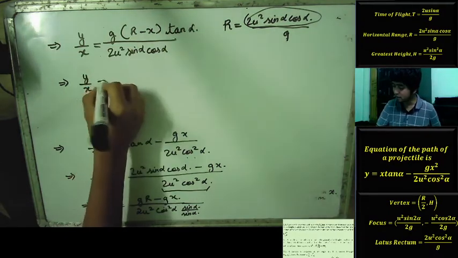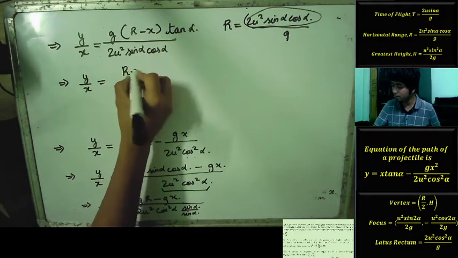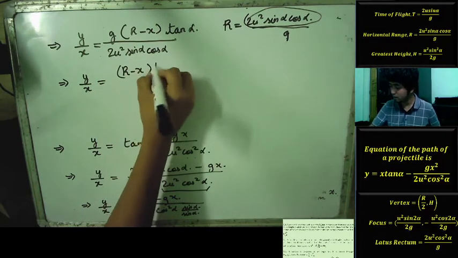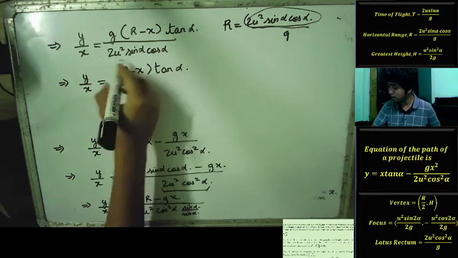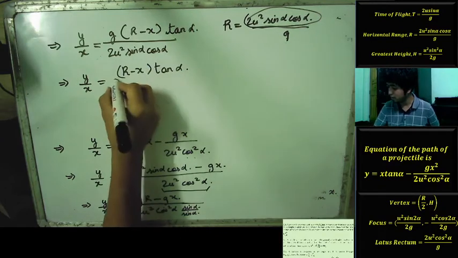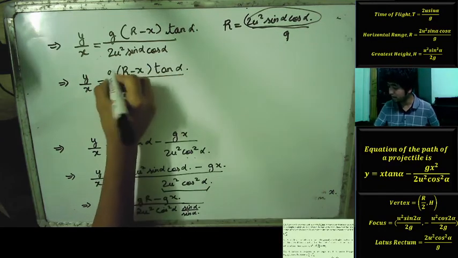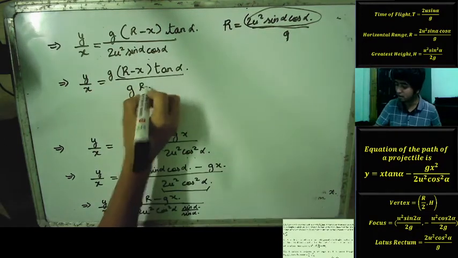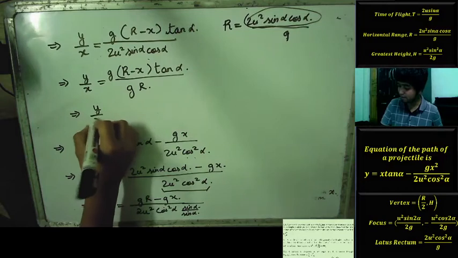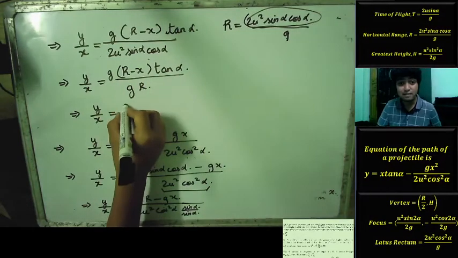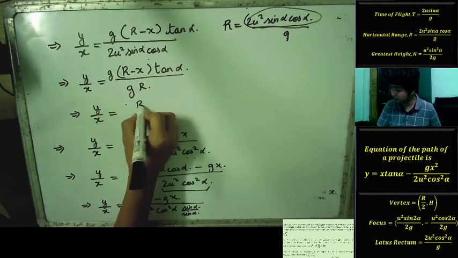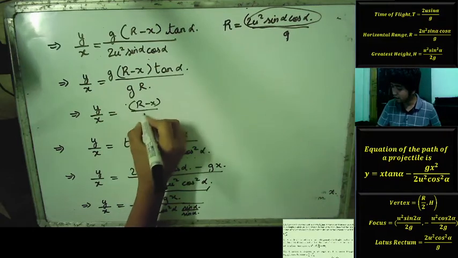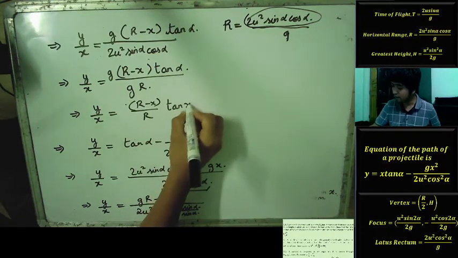Again, this g you can write below, or you can write it like this. 2u square sine alpha cos alpha again will be equal to gR. So you'll be having this one. Hence, you will be having R minus x upon R tan alpha.